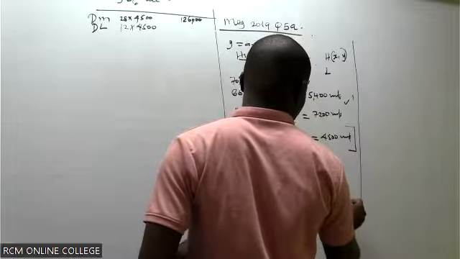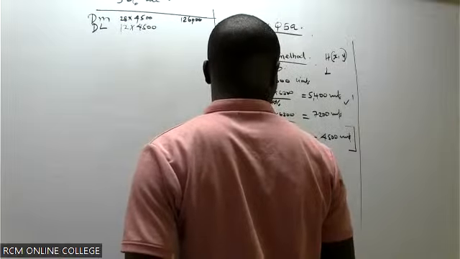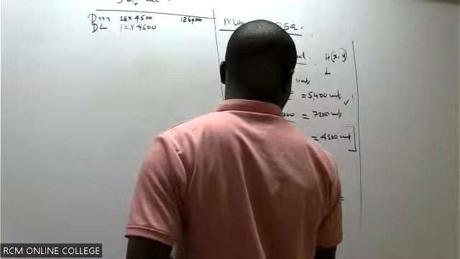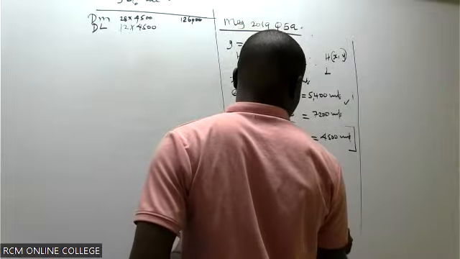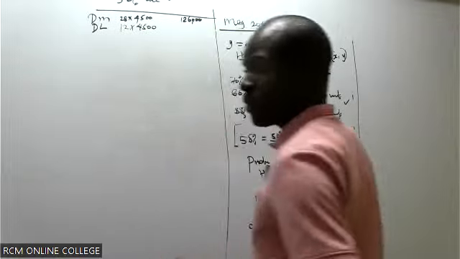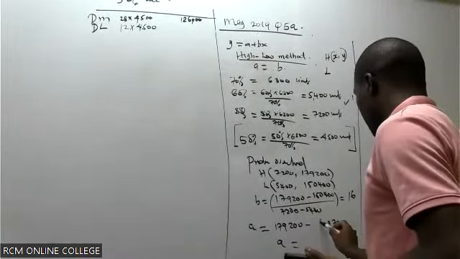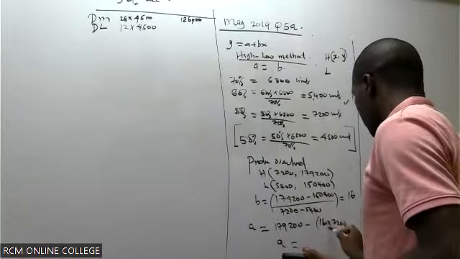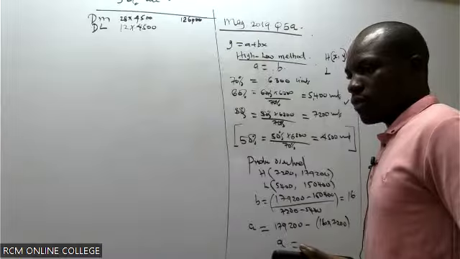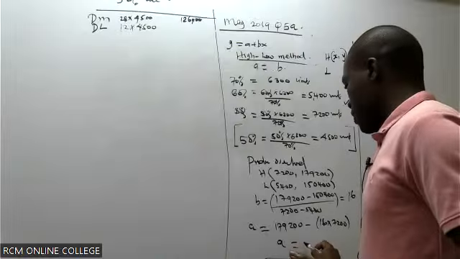If you do that, what will be the value of B? Then you go ahead and give us the value of A, which is equal to 179,200 minus the value of B times 7,200. Good. B we get 16. Multiply here by 16, now subtract from 179,200, you are getting a value. So what is the value of A? 64,000.